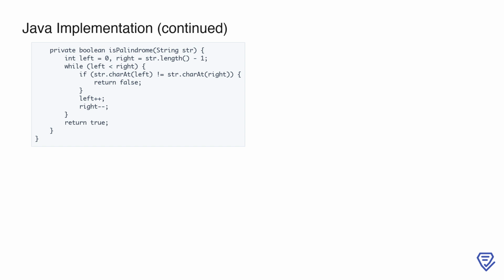Otherwise, the pointers move closer to the center of the string, and the comparison continues. If all pairs of characters match, the method returns true, confirming that the string is a palindrome. This function ensures that we only proceed with recursive calls in the backtrack method when a valid palindrome is detected, which is crucial for the correctness and efficiency of the overall solution.